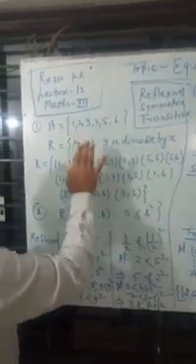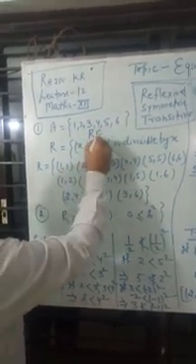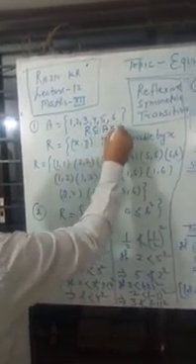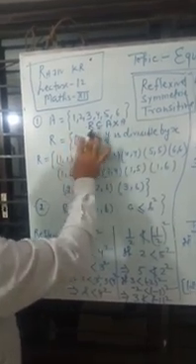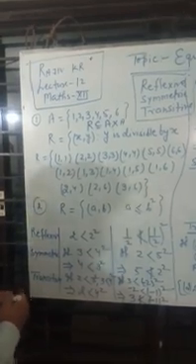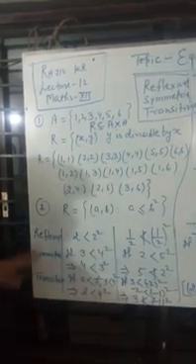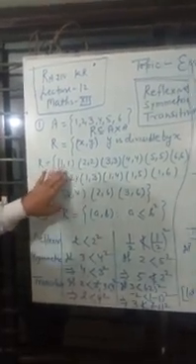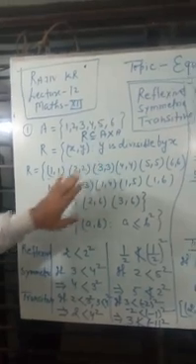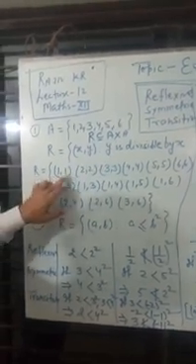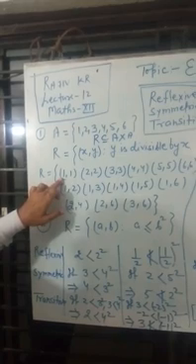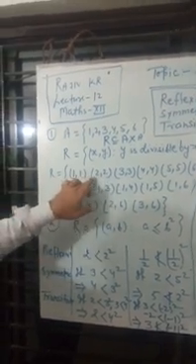This is a binary relation. That means R is a subset of A cross A, that means both elements of the ordered pair are part of the set A. Now you prepare the set of ordered pairs according to the rule. 1 is divisible by 1, 2 is divisible by 2, and so on up to 6.